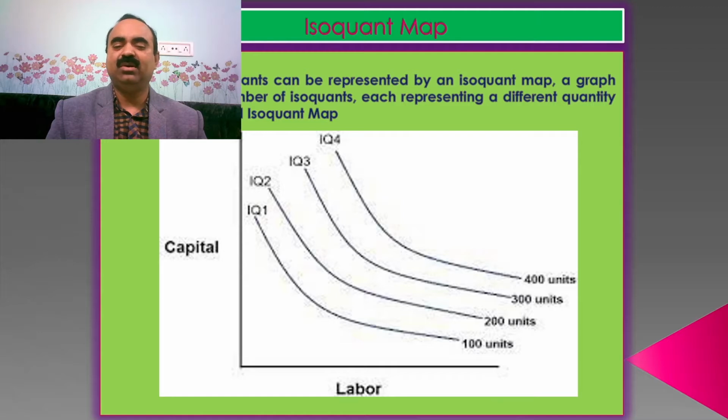I had shown 4 isoquants here, namely IQ1, IQ2, IQ3, IQ4. We can also observe that IQ1 is representing 100 units of output, IQ2 is representing 200 units of output, IQ3 is representing 300 units of output, IQ4 is representing 400 units of output. As we move from left to right, we can observe that the output is increasing in isoquant map.